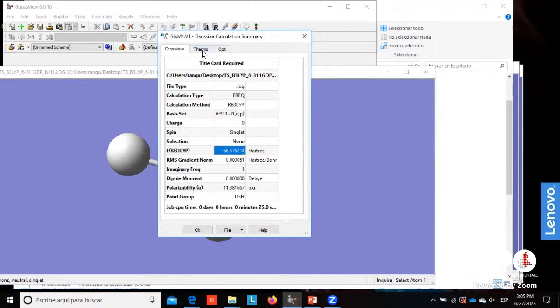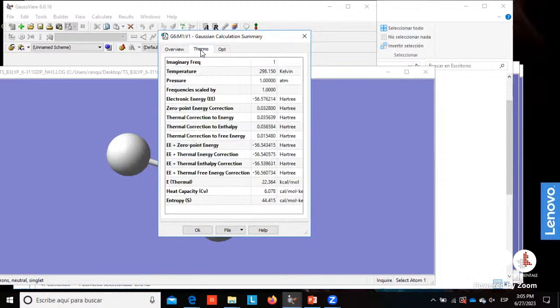But besides that, since we did second derivatives, the program, using some statistical mechanics calculations, can also estimate the enthalpy and the entropy for the system, so that we can even calculate Gibbs free energies. All right. So we have all this information here.